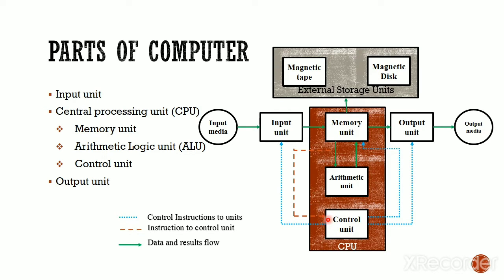Then the green arrowed lines state data and result flow. From the input media, it goes to the input unit, from input to memory, memory to output, and output to output media. From memory, it goes on to the arithmetic and logic unit. This is all about the parts of a computer in short. We'll move on to the next.